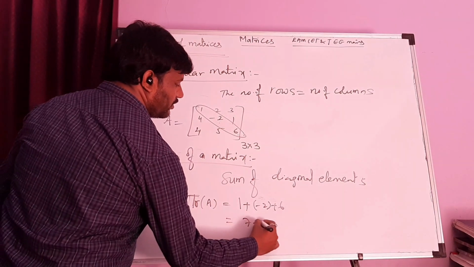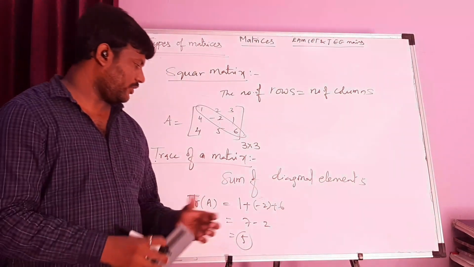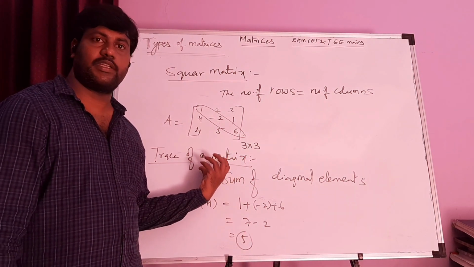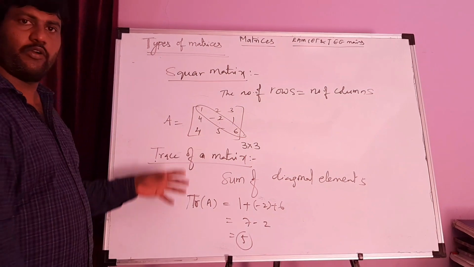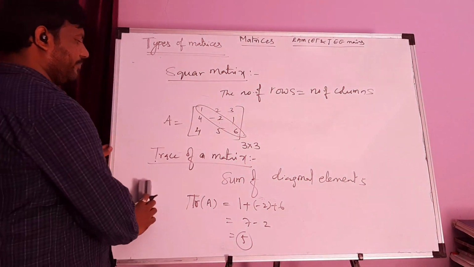When we simplify, this is 7 minus 2, which is 5. This is the trace of A. Students, the trace of a matrix is very important. There are some properties of the trace as well; when we go for problems, we will see how to use those properties.